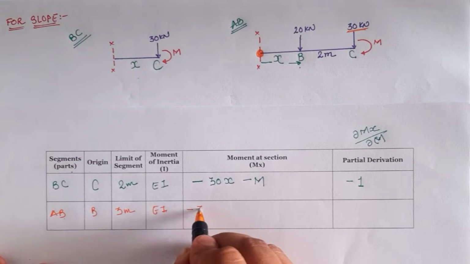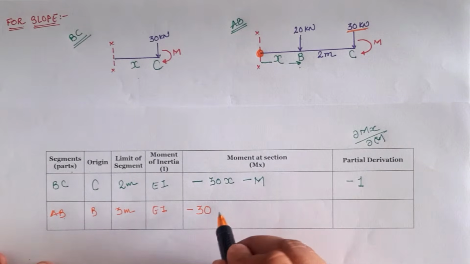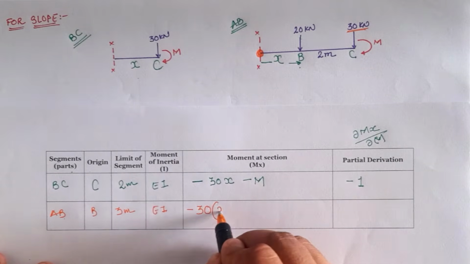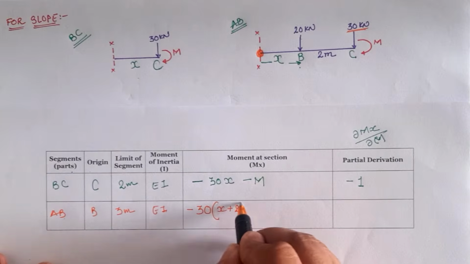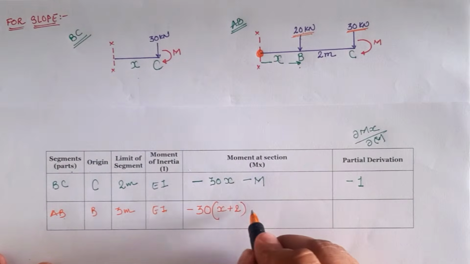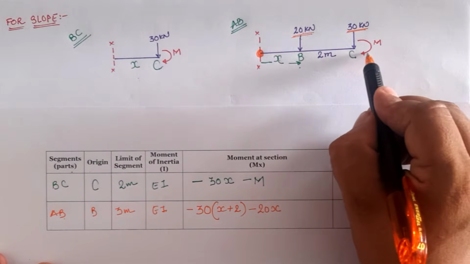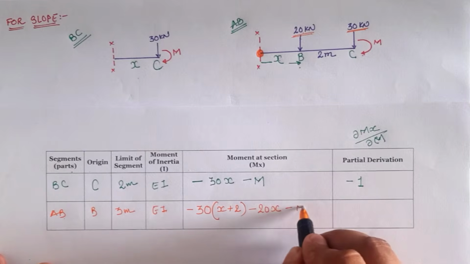So it is minus 30 into x plus 2, as in the right hand side direction a clockwise moment is negative. Now for the 20 kilonewton load, it is 20 into x, so minus 20x, and the external moment is M, so minus M.